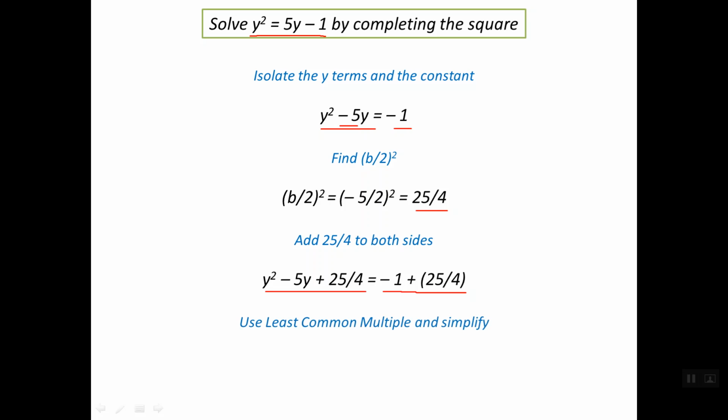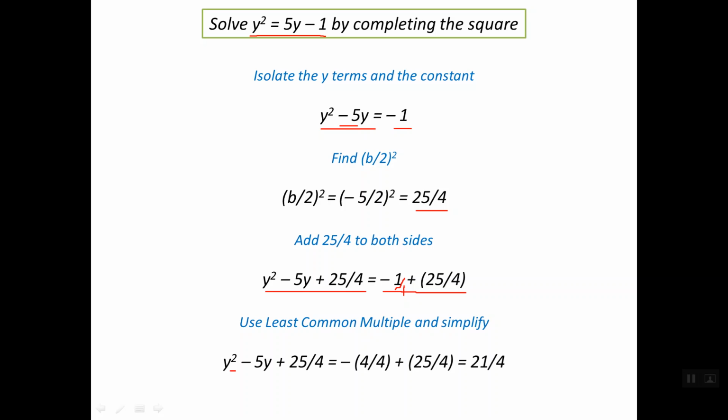We can simplify the right side of the equation by using the least common multiple. See that 25 over 4 is a fraction, so the denominator here is 1. So we need to find the least common multiple of 1 and 4, which is 4.